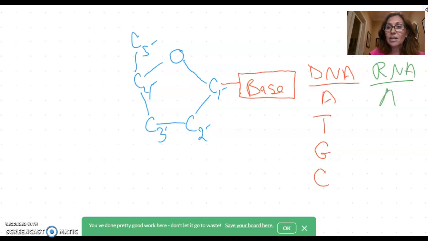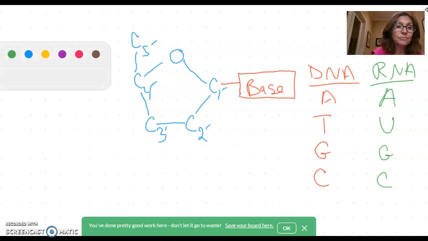In RNA, you can have A, U, G, or C. U substitutes for T in RNA language. So on carbon number 1, you're going to find the nucleic acid base. We're not going to worry about the shapes of those yet.